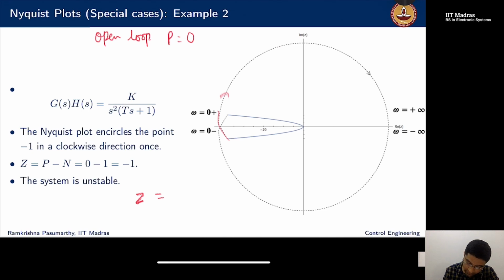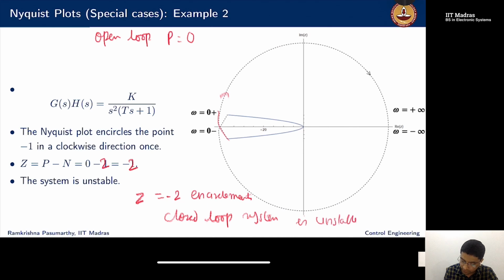Z has two encirclements in the clockwise direction, or minus 2 in the counter clockwise direction. So the closed loop system is unstable. We had an open loop system which was okay.